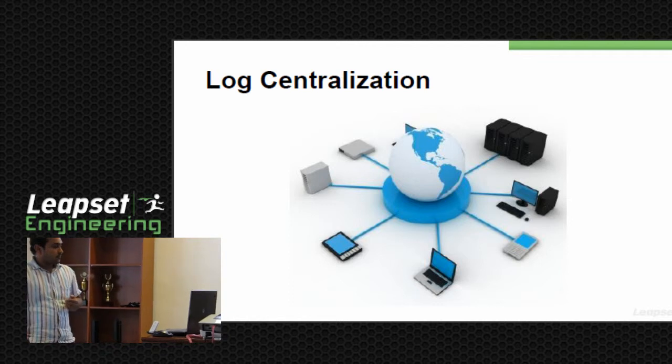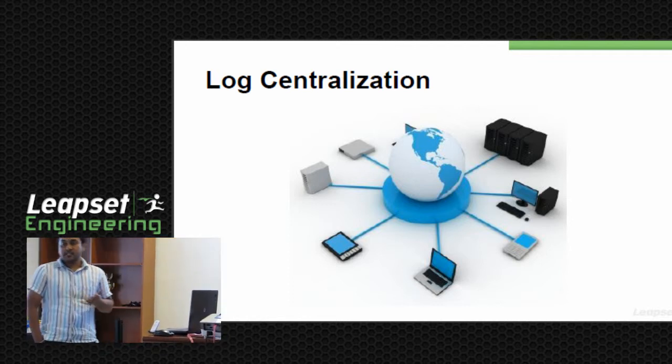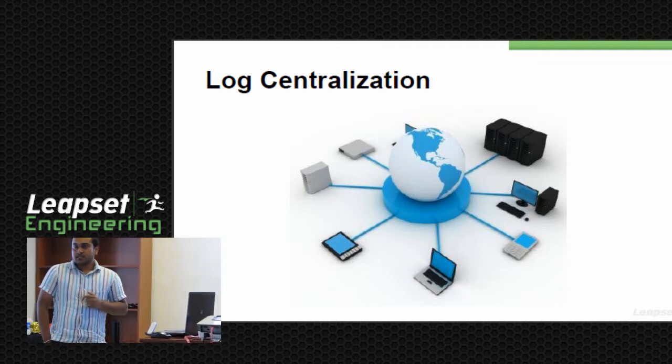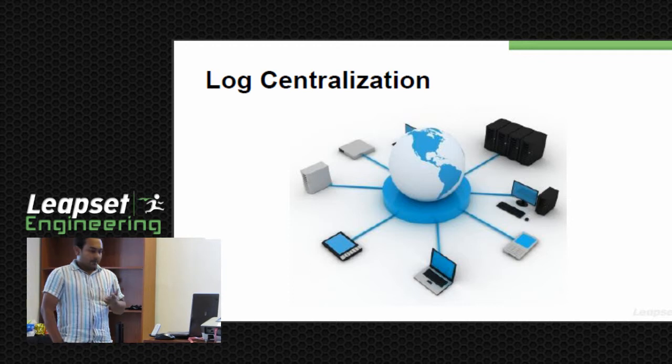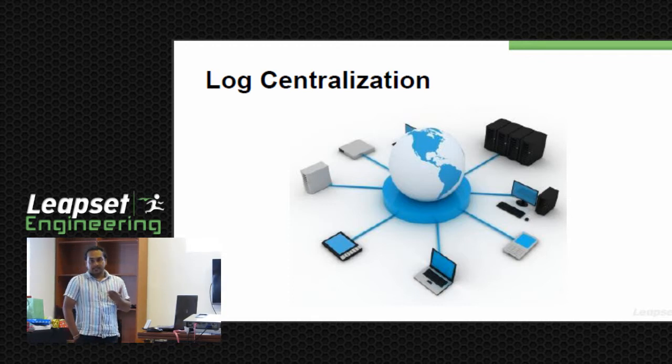For a Java project, it could be log4j, slf4j, or logback. For a PHP project, it could be log4php, and for a .NET project, it could be log4net. Using all these frameworks, we can track all the events and activities that happen in that project.